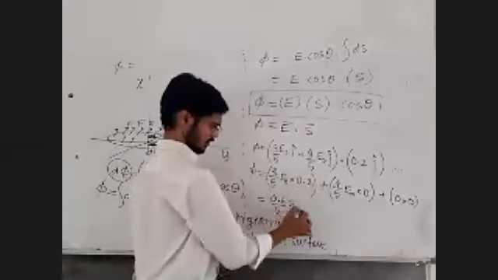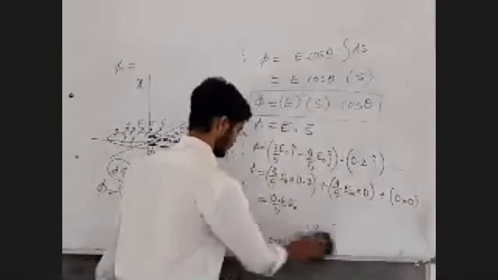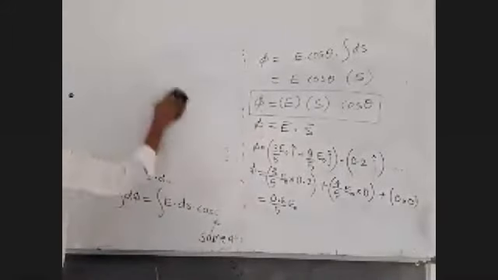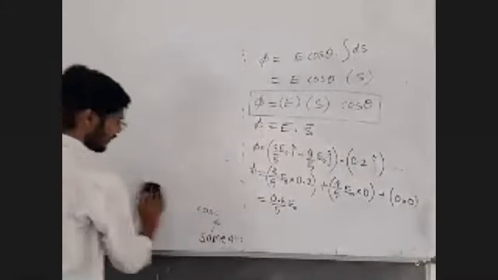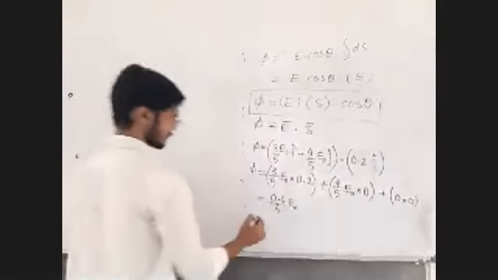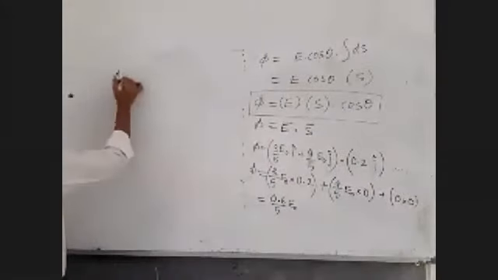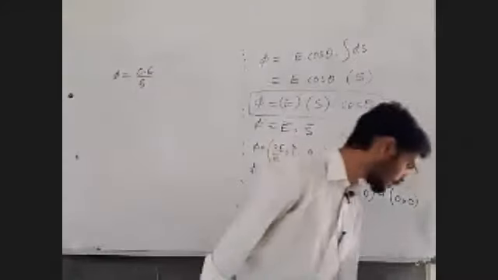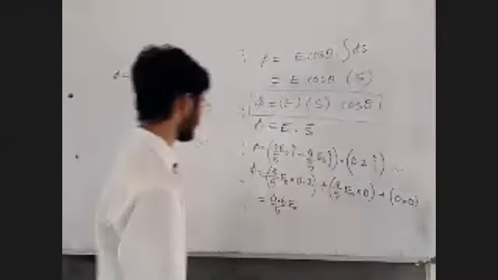Don't do this division first. Put the value of E0, then divide it by 5 and then multiply it by 6 or 0.6. The sequence of multiplication also matters because that will ultimately define how much time you will need for the calculation. Total flux is 0.6 upon 5. E0 value is given to us as 2 into 10 raised to 3.